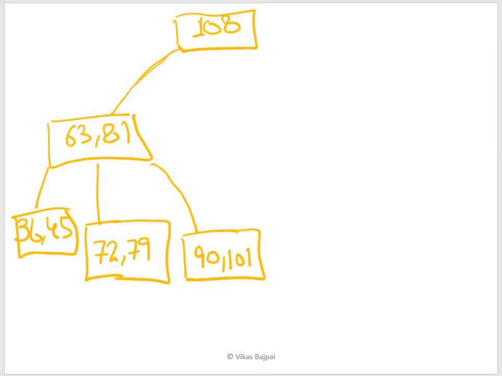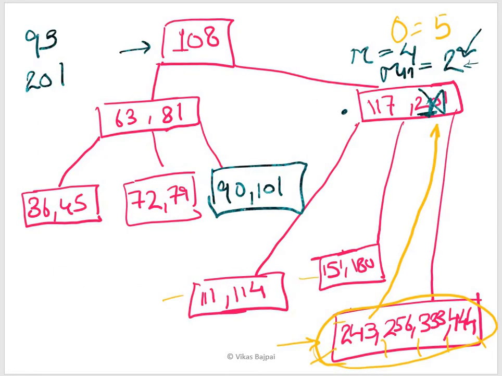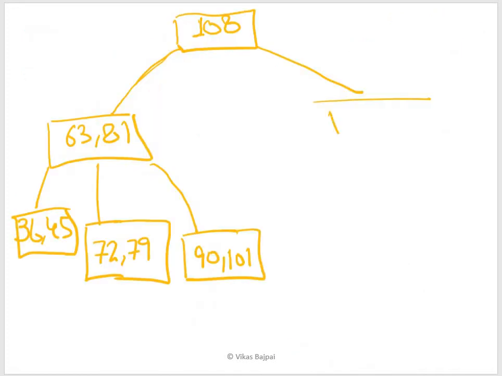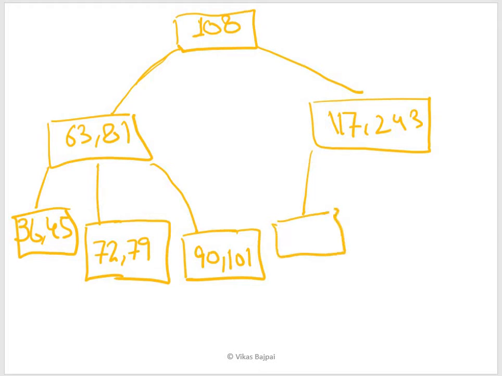Now on this side I observe a change, which is I have requested this particular value. So 243 goes up, so 117 comma 243, and then this value remains as it is, which is 111 comma 114.